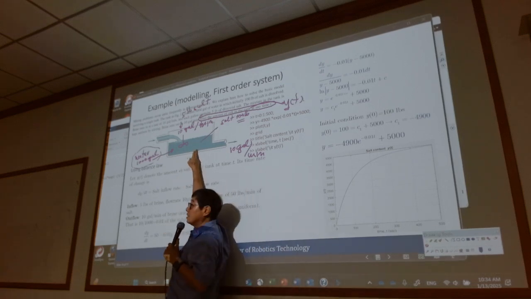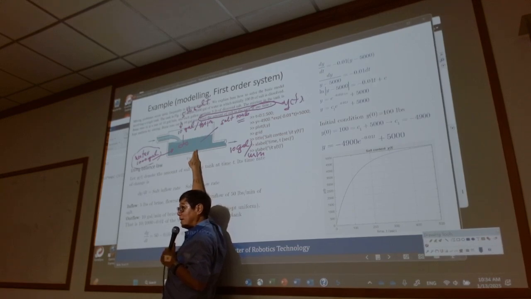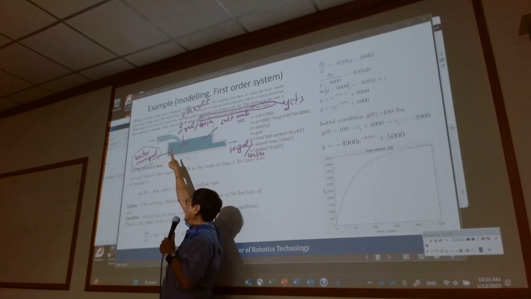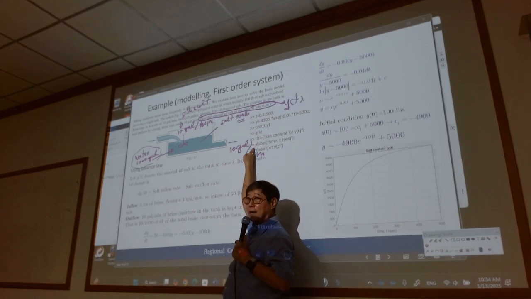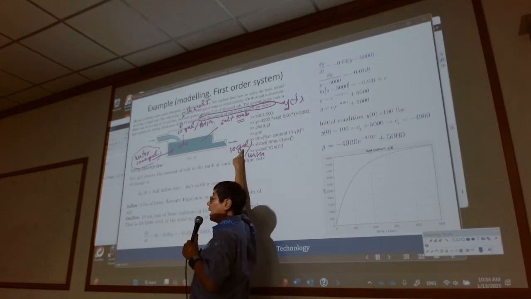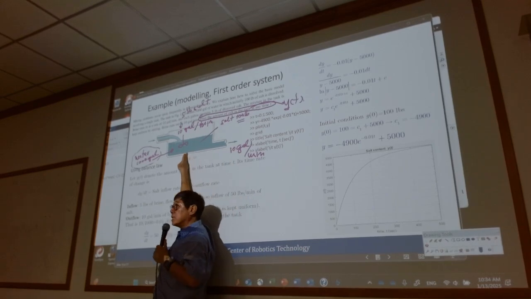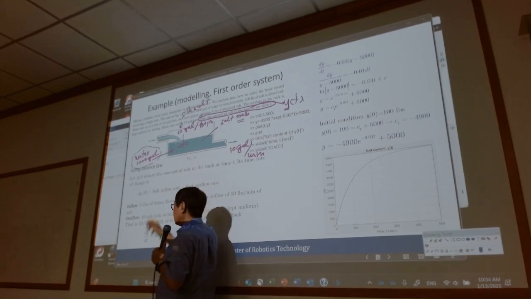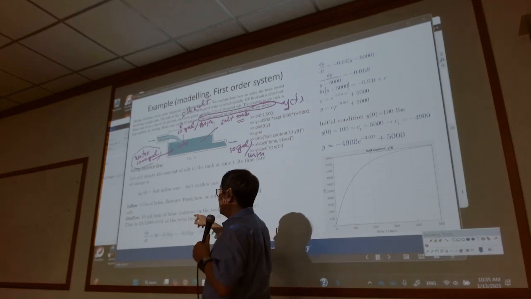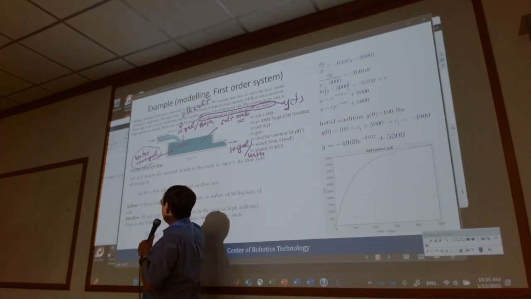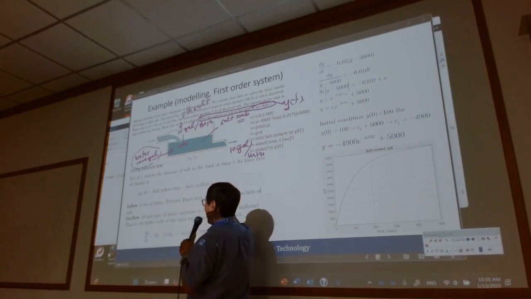We have existing salt here at the start, right? And then there is salt coming from input, and salt exiting as well, as well as some existing salt, right? Okay. So the rate of change of salt is salt inflow minus salt outflow.